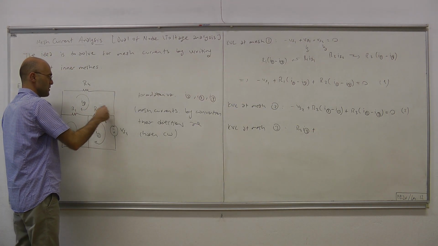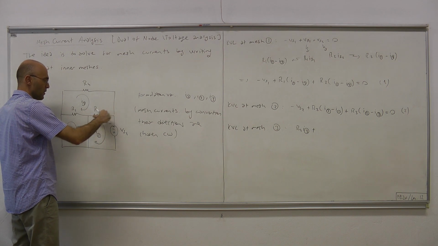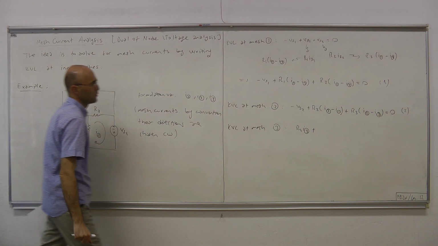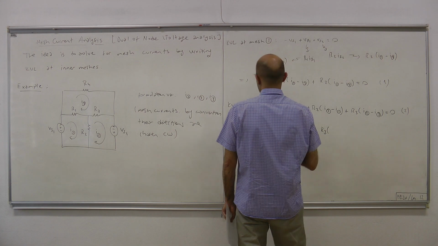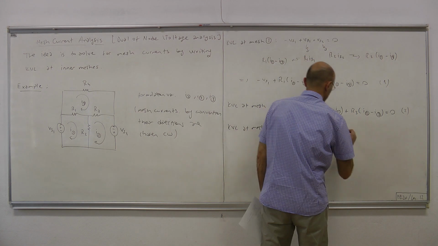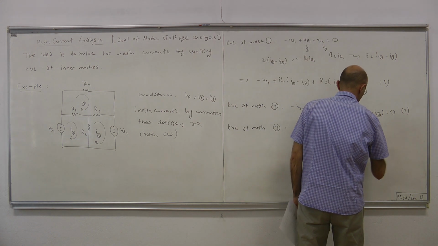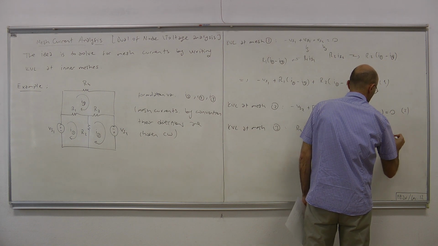Then next up is this voltage, plus here, minus here. Therefore, it's R3 times this current. This current is in the same direction with I3, opposite to I2. So we have R3 times I3 minus I2. And finally, for the last one, we have R1 times I3 minus I1.